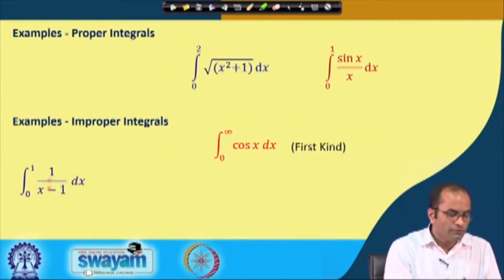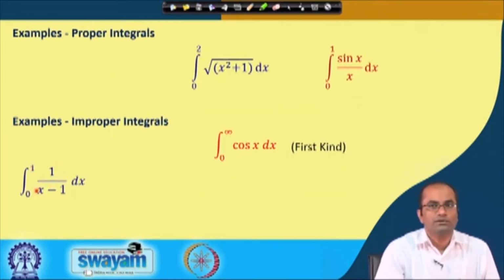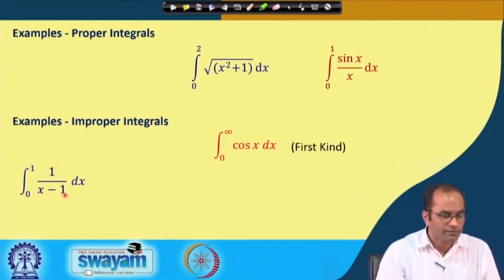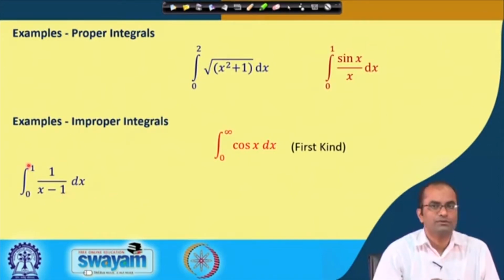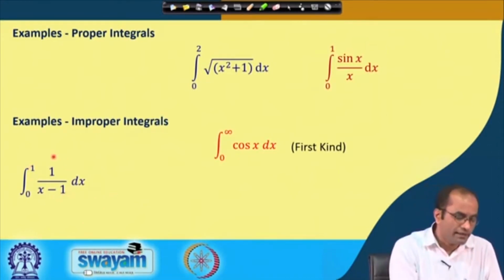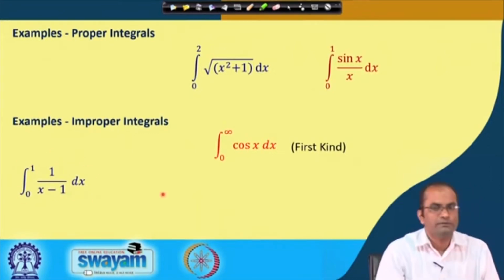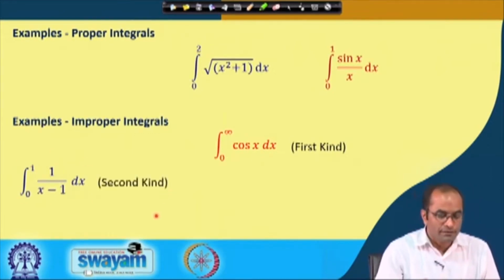Second, this 0 to 1 of 1 over x minus 1 dx. So, in this case the range is finite, but the integrand here, as x approaches 1, is becoming unbounded. So, in this case the integrand is becoming unbounded as x approaches this upper limit, and this is the improper integral of the second kind.